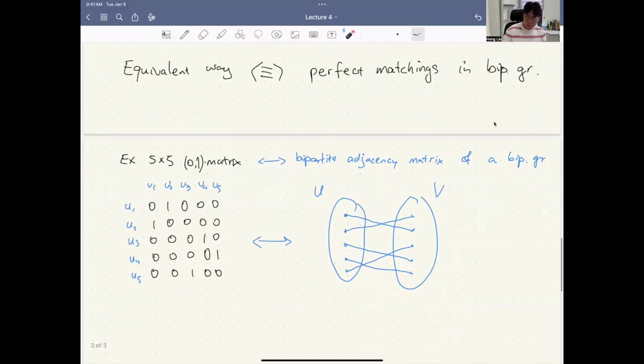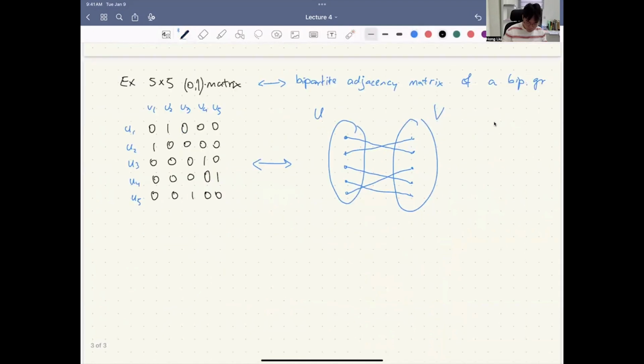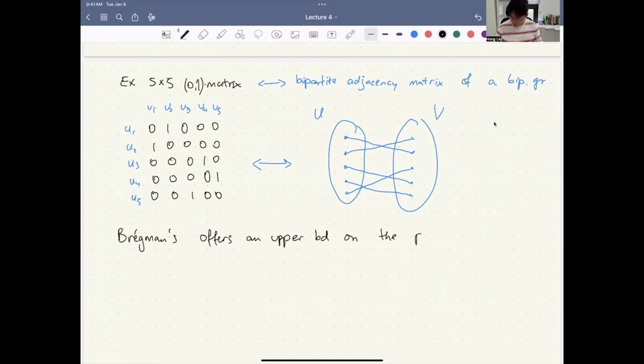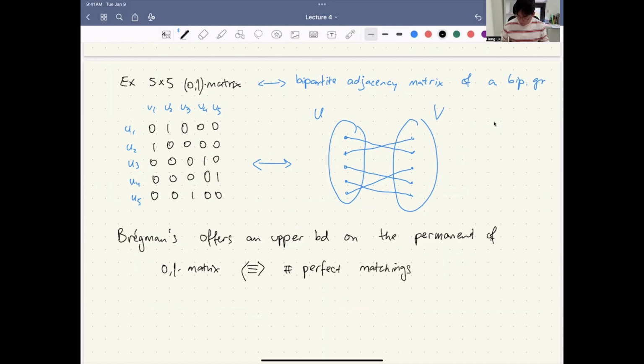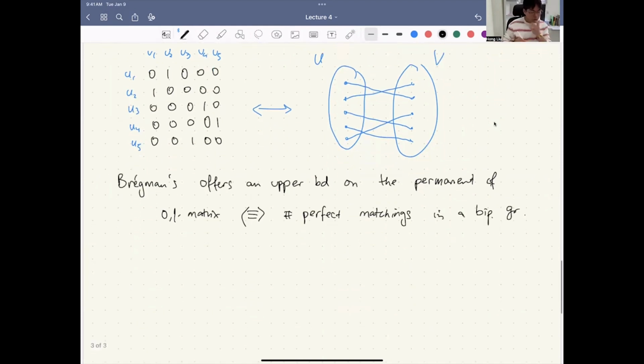So, Bregman's theorem offers an upper bound on the permanent of a 0-1 matrix, which is the same as the number of perfect matchings in a bipartite graph. The statement goes as follows.